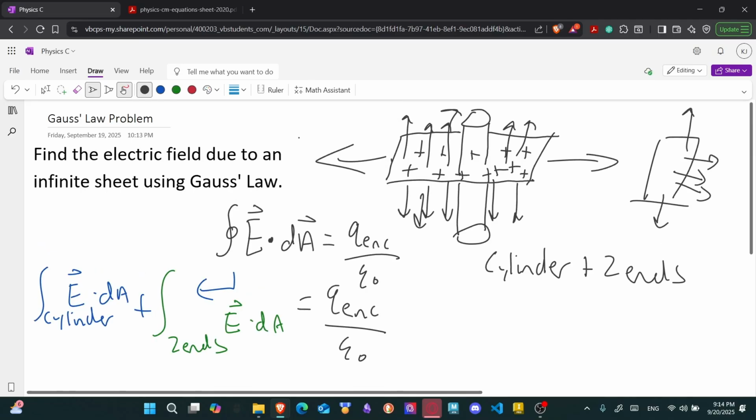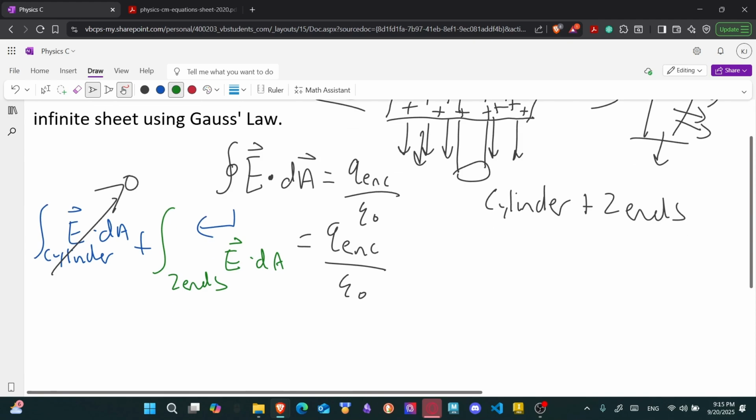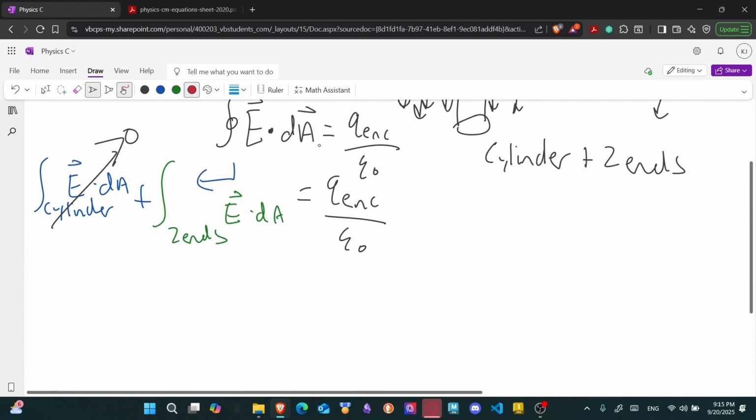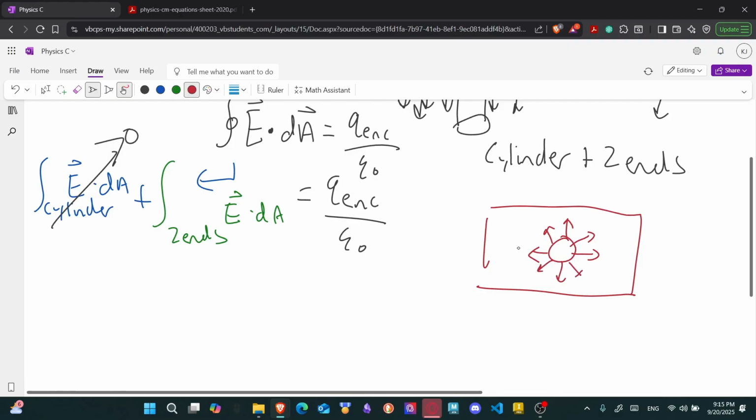So from right here, we can cross out the E of the cylinder, or at least the long body part, because if you look at the cylinder from the top down view, this is what it looks like. So here's the cylinder, and here is the sheet, the infinite sheet. The field at the body is pointing radially out, but the sheet's field is pointing upwards.